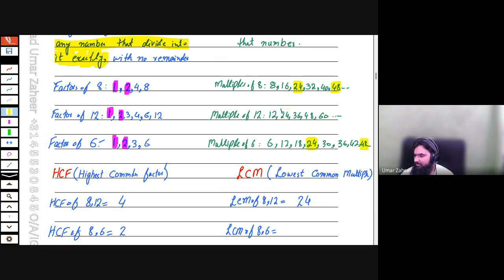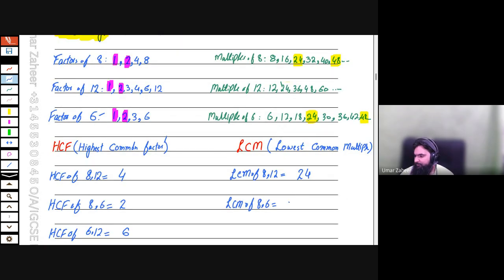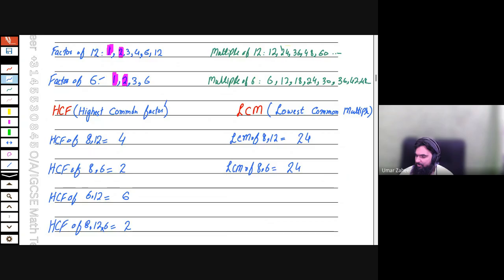In this one, you are going to get 24 as well. By chance, we are getting the same. In both of them, we are going to get 24. Okay, next we are going to talk about the LCM of 6 and 12.